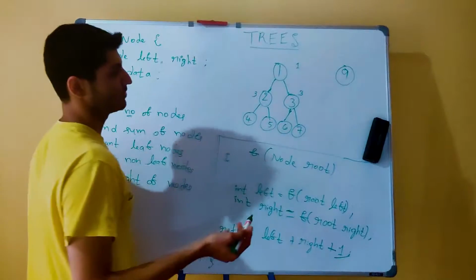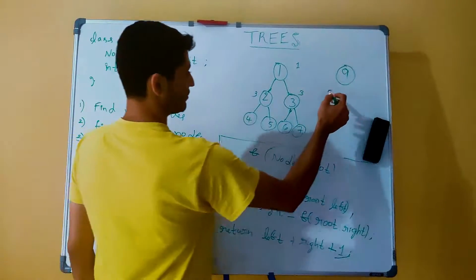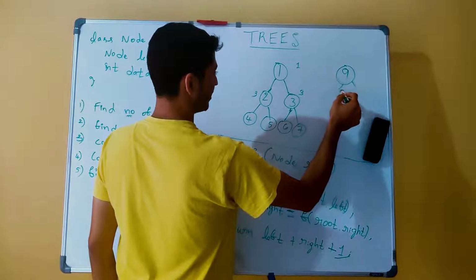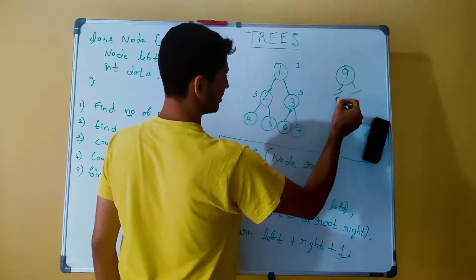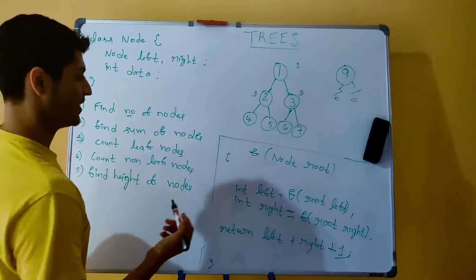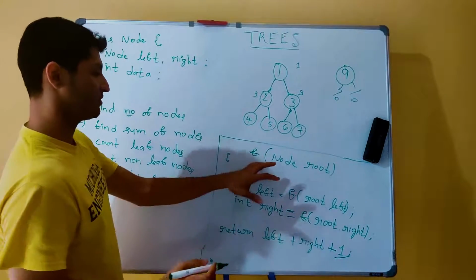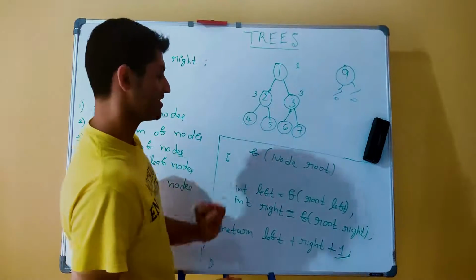This tree has only one node, that is 9. Consider this tree, its left and right children will be null. Simply null, or if you are using C++ or something, it will be 0. We just write the base condition, that means write the case considering the simplest tree.